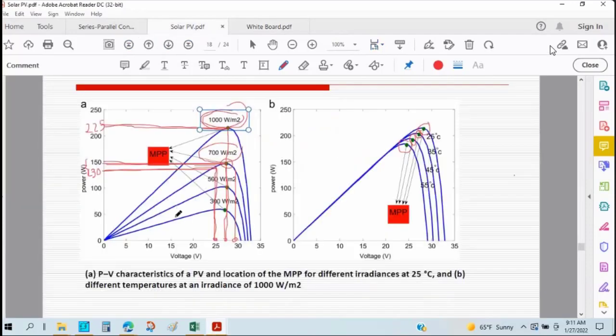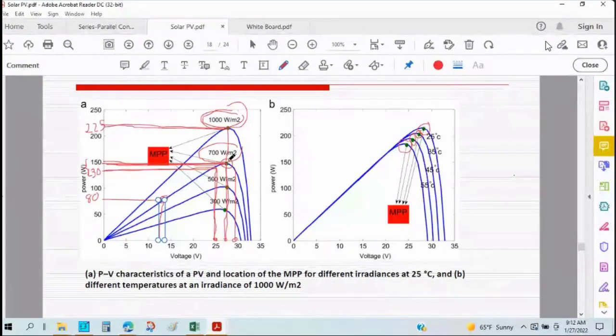So if we operate the solar panel at 12 volt, how much power will we get for this particular condition, 700 watt per meter square? It's 80 watt. But what is the maximum power the solar panel can generate? 150 watt for 700 watt per meter square.